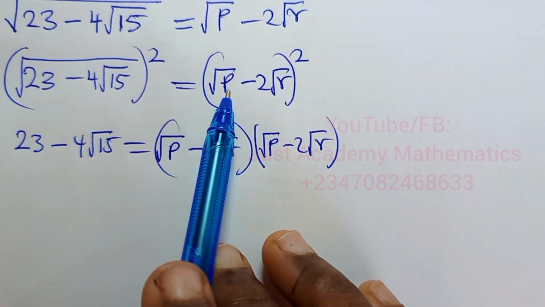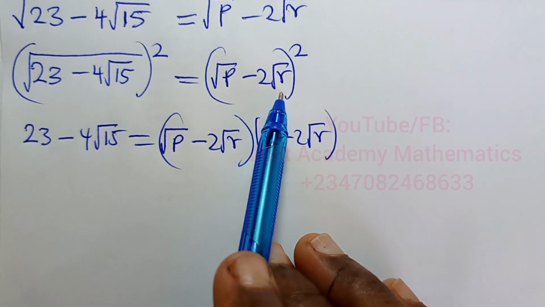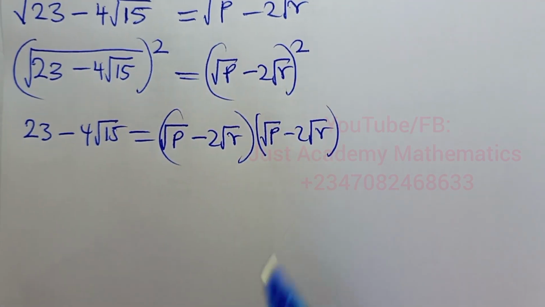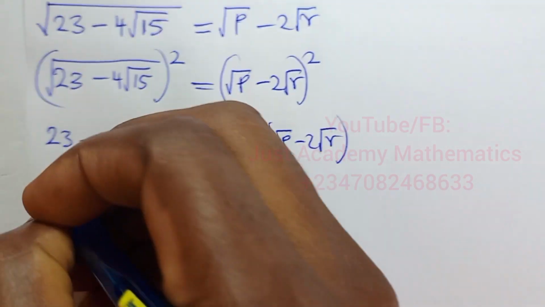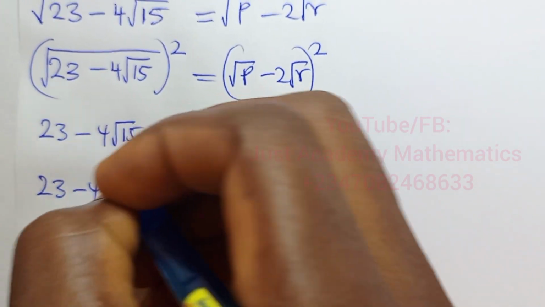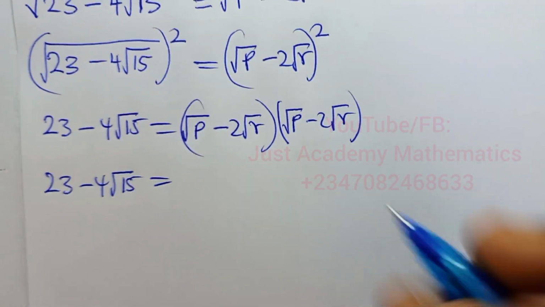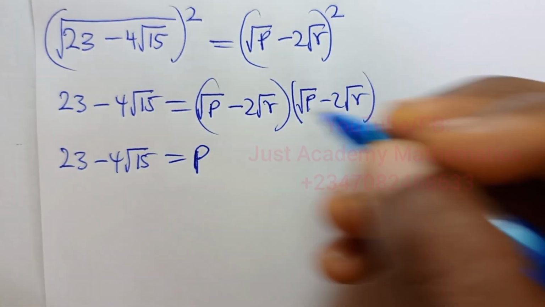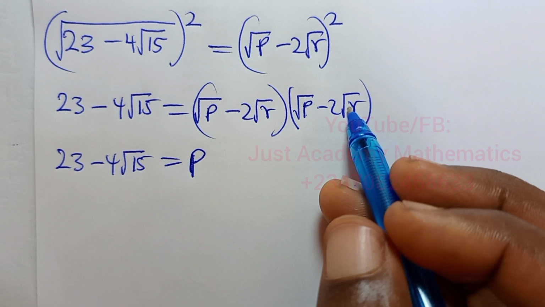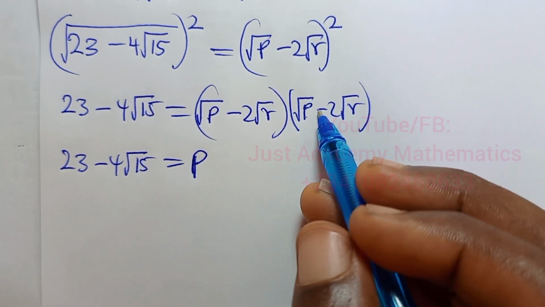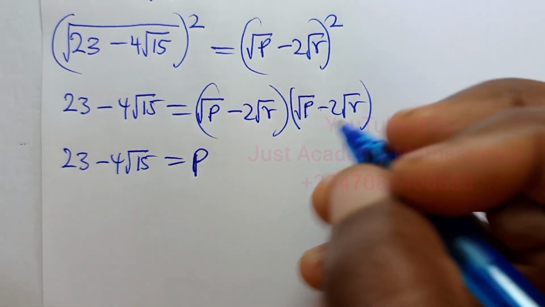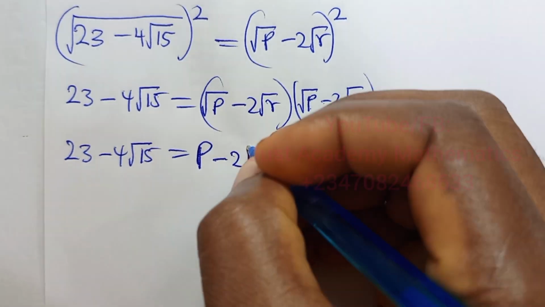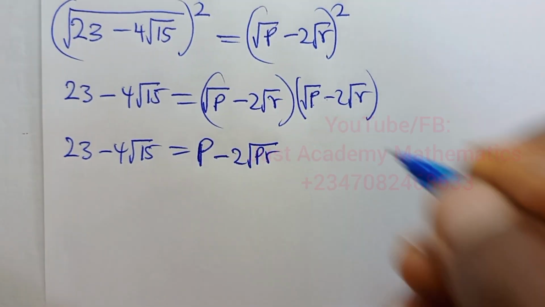Don't make the mistake of writing P minus 4R. No, we double. So we have 23 minus 4 root 15 is equal to root P times root P, which is P. Root P times minus 2 root R will give me minus 2 root PR.